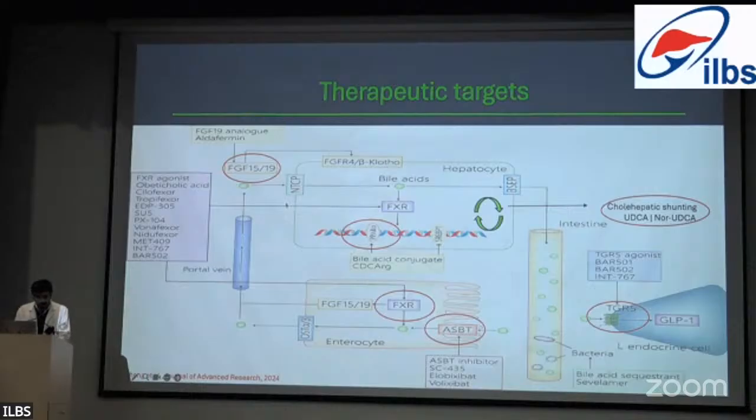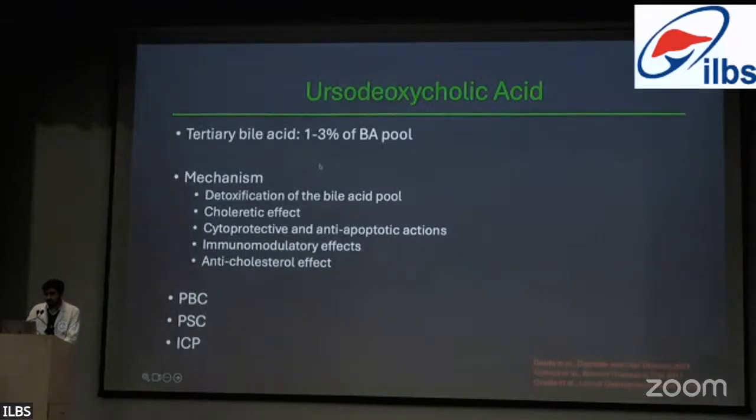NTCP is another one, not labeled here, which helps in uptake of bile acids and is a therapeutic target for cholestasis. So UDCA is a tertiary bile acid and it comprises about 1 to 3% of the bile acid pool. This is a very well-known molecule and its mechanisms include detoxification of the bile acid pool by increasing the hydrophilic bile acids and therefore competing with the hydrophobic ones.